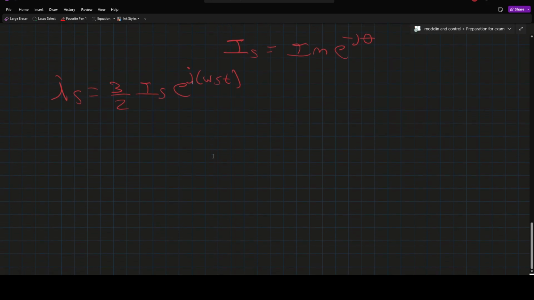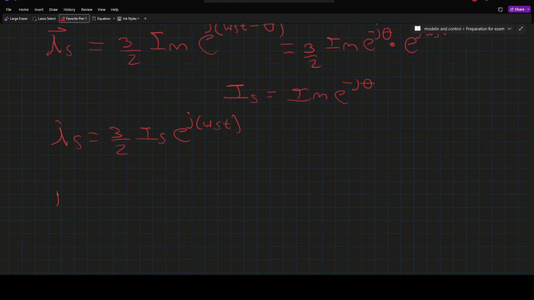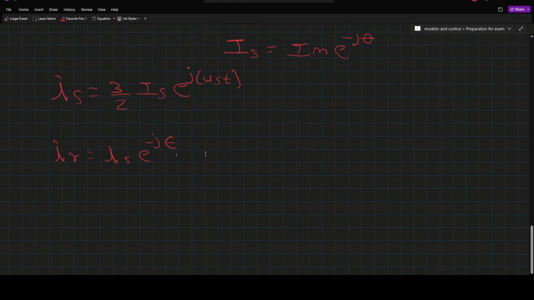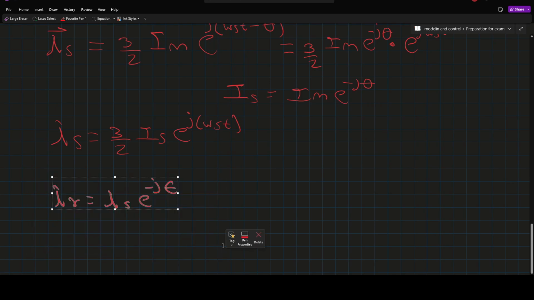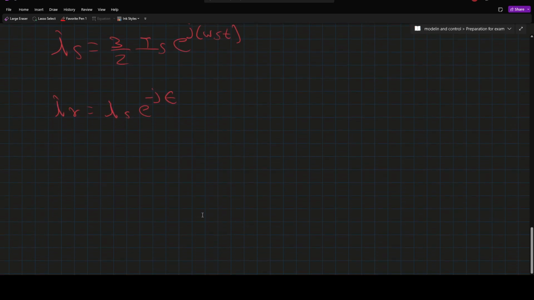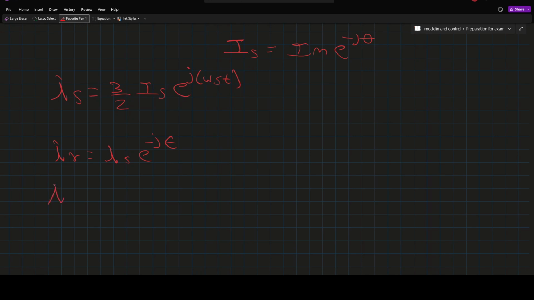Okay, and now we need to do the same for our Ir. So we know that Ir is equal to Is multiplying minus an angle, epsilon. This is another thing that we figured out in another video. So now we can apply this and say that Ir is equal to 3 halves Im e to the j omega st minus theta.